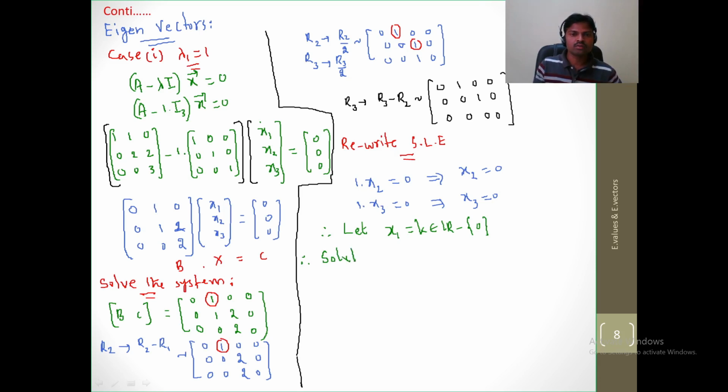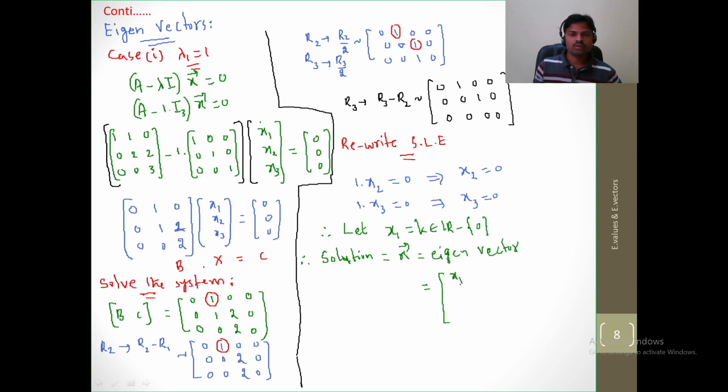Now what is the solution? The solution is x bar, which is nothing but the eigenvector. And what is that?